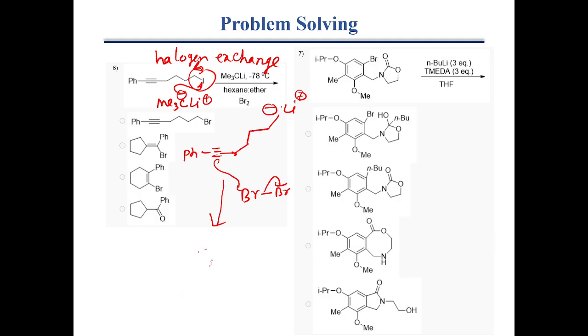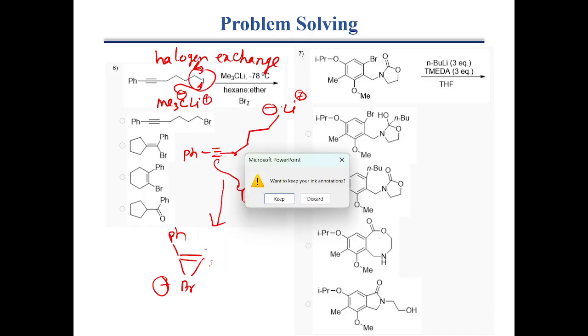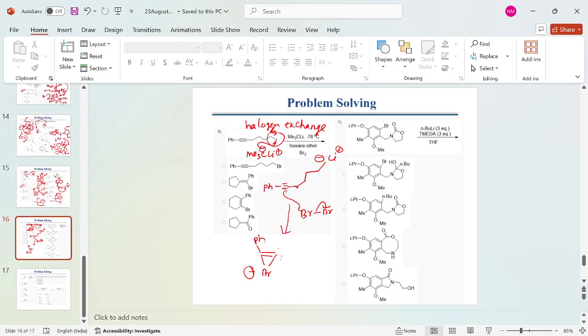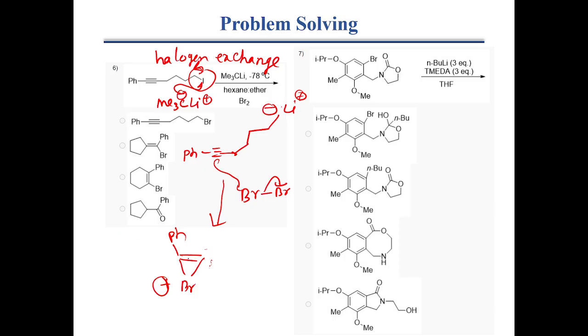So the bromonium intermediate will pop. Br plus, and CH2 CH2 CH2 CH2, 1 2 3 4, minus, lithium plus.